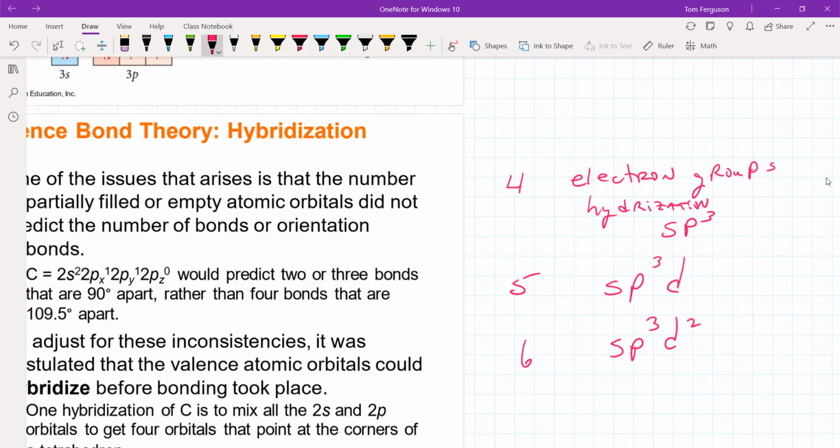So these are new sets of orbitals that have become hybridized. The s's and the p's and the d's have mixed together. Now the number of orbitals hasn't changed. It's just the relative stabilities have changed.